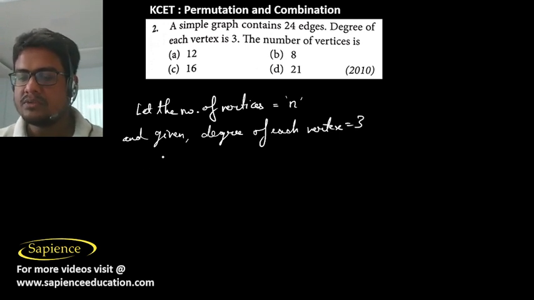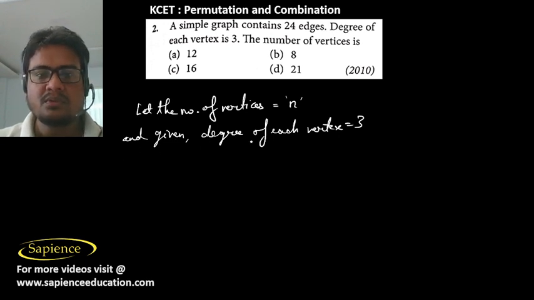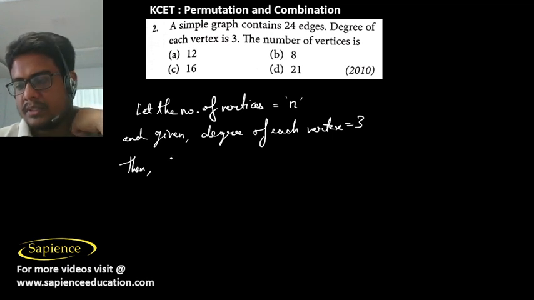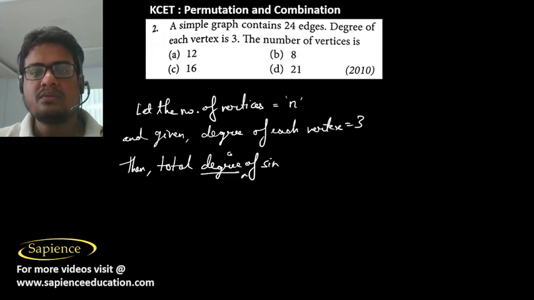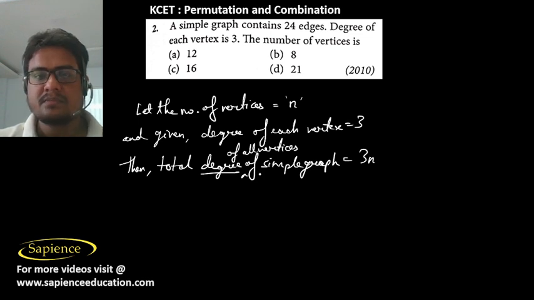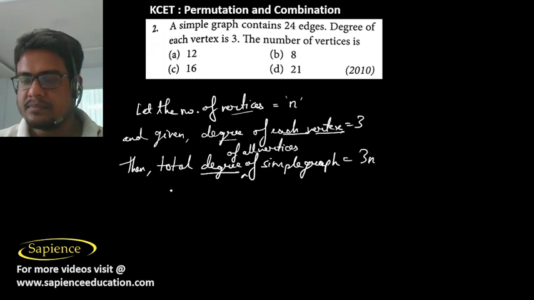Then the total degree of the simple graph, which means the total degree of all the vertices of that simple graph, will be equal to 3 into n, 3n, since each vertex has degree 3 and the number of vertices is n.